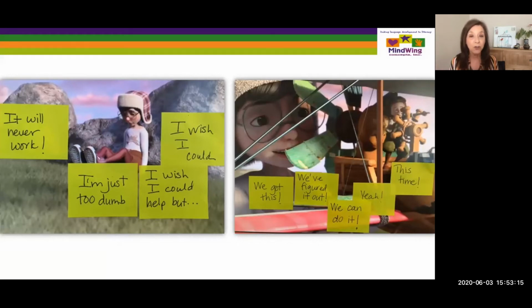But then the contrast, they were resilient. And then what are they thinking? We've got this, we've figured it out, we can do it. So this is so helpful to our students. We can say, but remember the airplane. Maybe you can fix this just like Mara fixed the airplane. Those reminders to animated videos are very helpful to our students in taking on that role themselves.